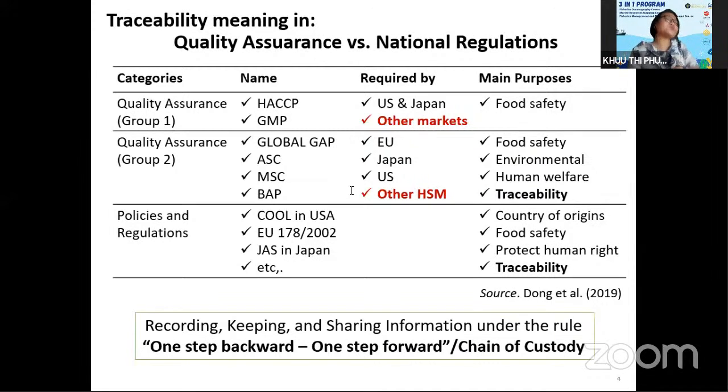That's why we have to work together and act together to discuss and to have the final regulation. Which one can be accepted by all countries? Like the Vietnam case, we have a domestic quality assurance, and we try to combine all regulations of the international quality assurance, like GlobalGAP, like ASC.